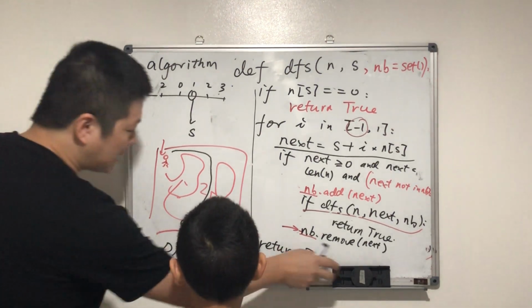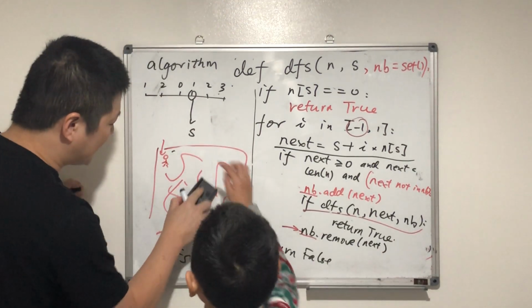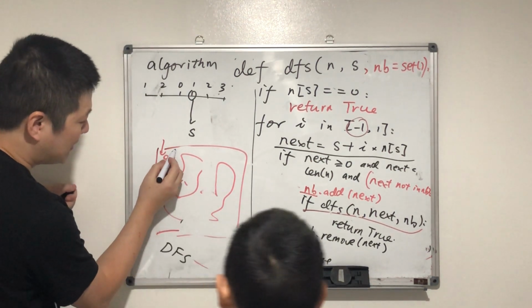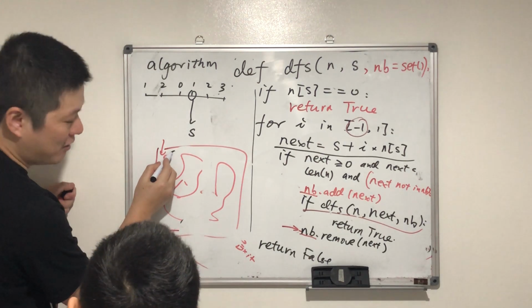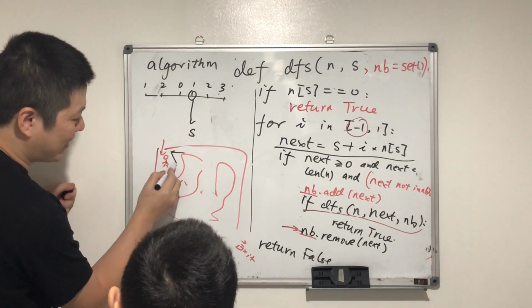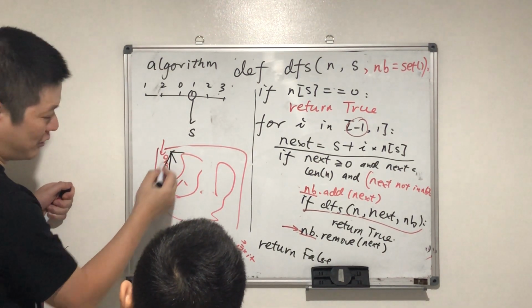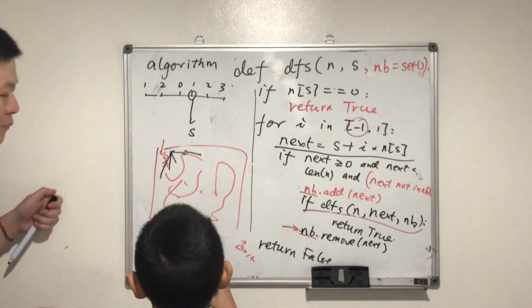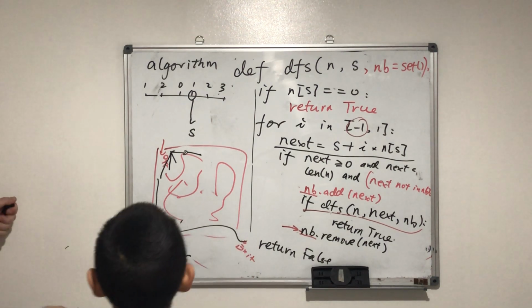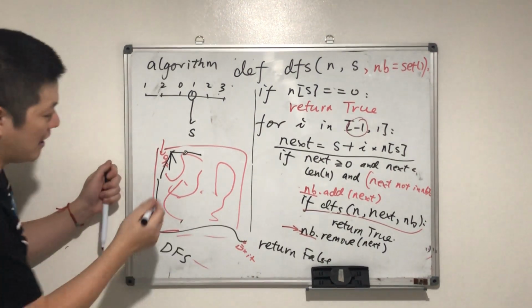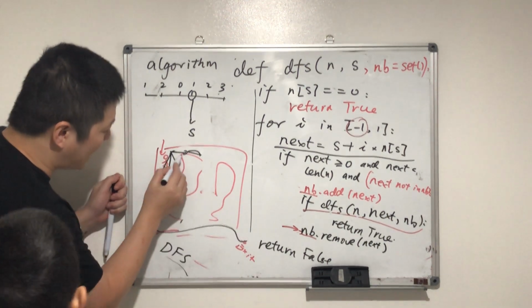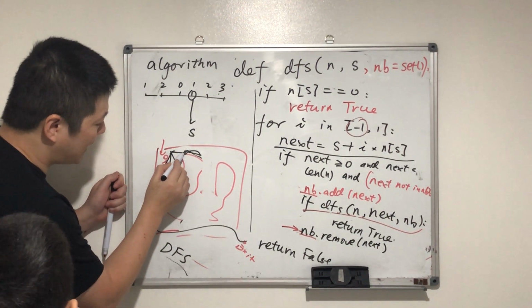What's breadth first search? Breadth first search is like that. What's the next step you can go? Okay, here, and then I can go here. I try to go here, and then I pick the one here, and I go further. This is DFS, depth first search. BFS is like that: you retreat, and then you go more.